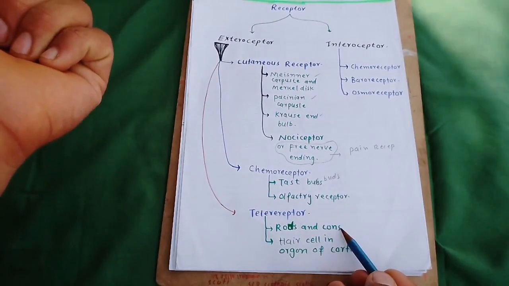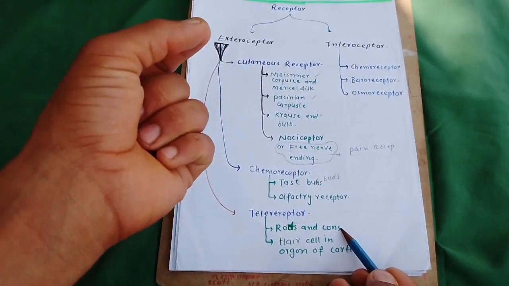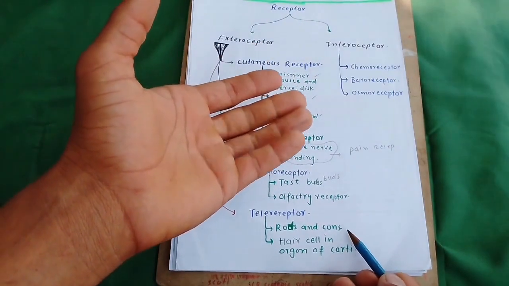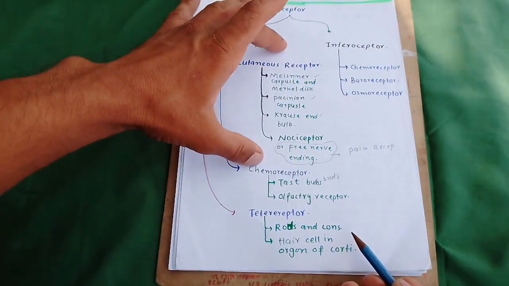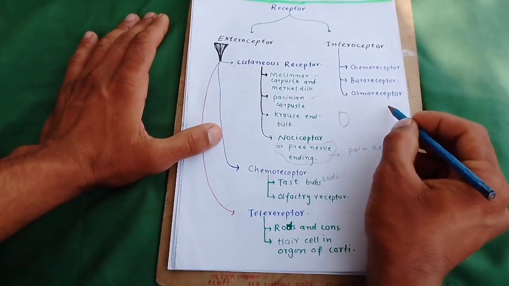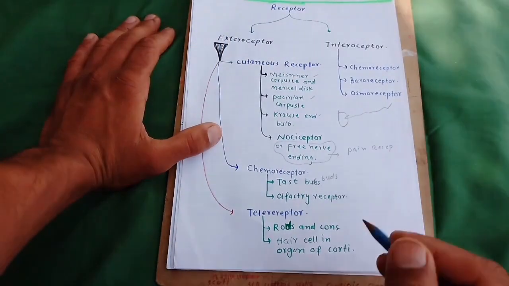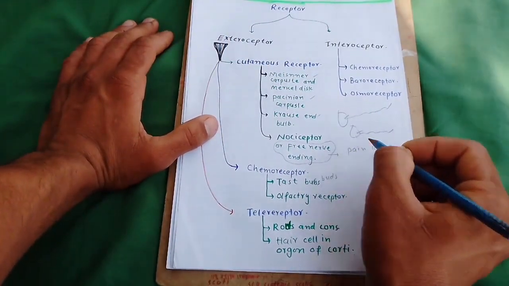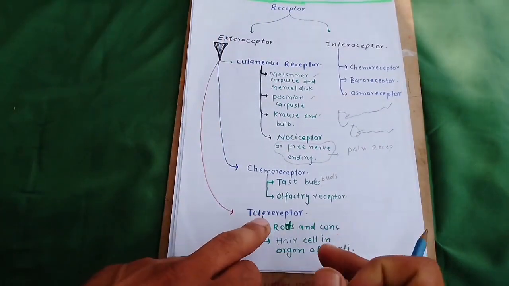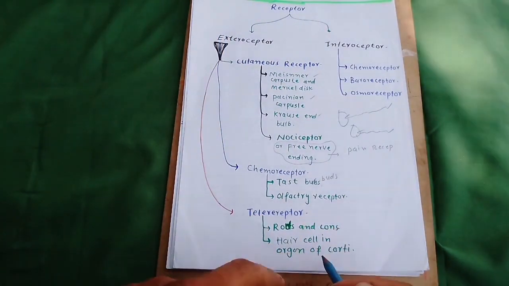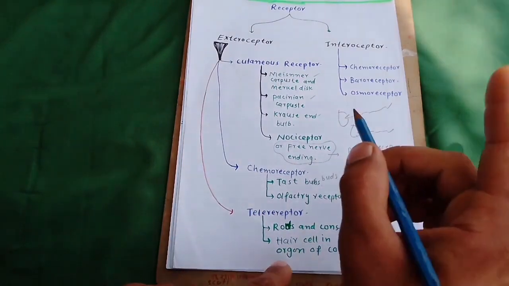Rod and cone are the telereceptors which are stimulated by light. Light is a stimulus at a distance. This is the eye. Light comes from a distance. Sound comes to the ear from a distance. So these are also called distance receptors: rod and cone, and here, hair cell and the organ of Corti.